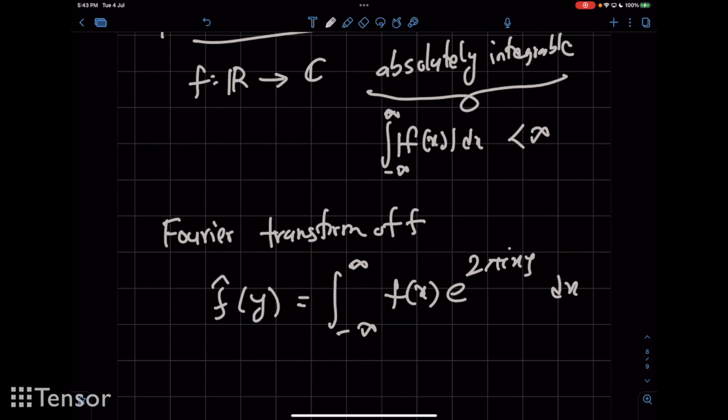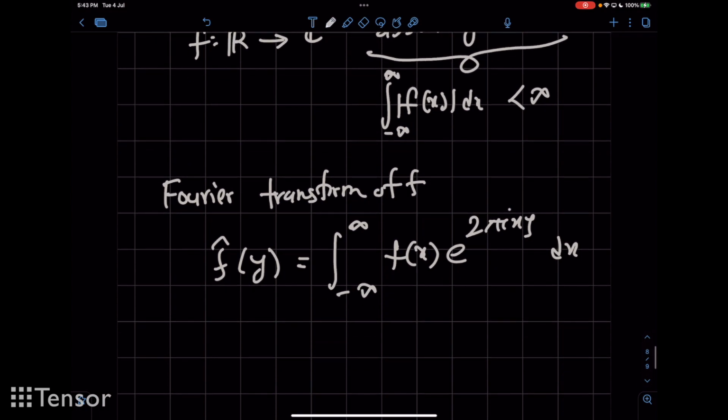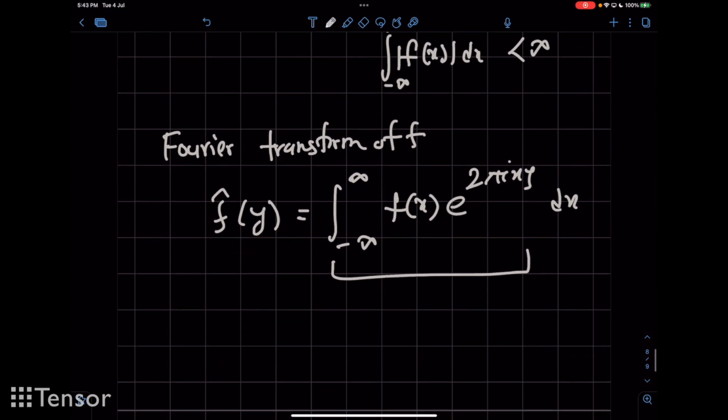So this is the Fourier transform of f. This is an integral from negative infinity to infinity, so we need to verify that this is a finite number, otherwise this function is not well defined. Let us now check that.